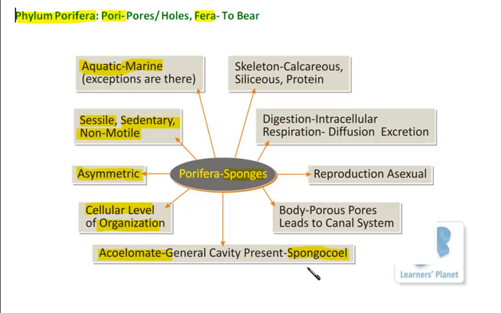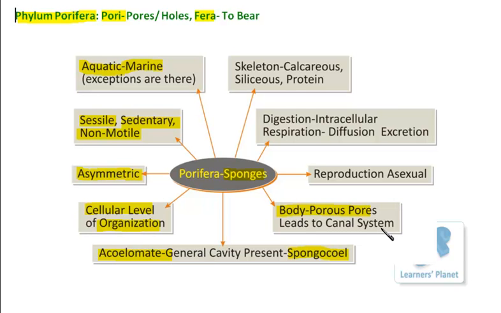Fine. Anyways, the next point is that the body of these organisms is porous, right? As the name itself suggests, pores are present all over the surface. Now these pores are not merely holes, but they help in performing the most important functions of these organisms.